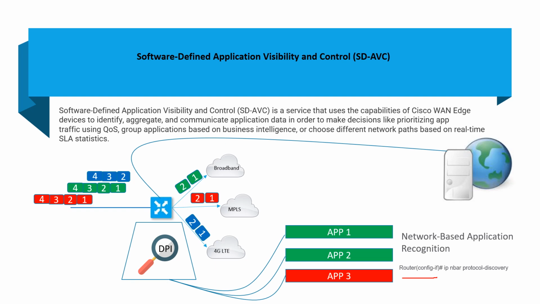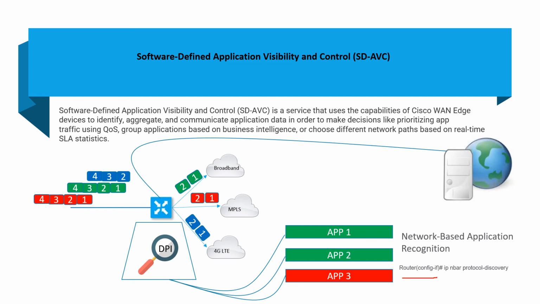So let's assume from the LAN side, there are three flows coming. My first flow in blue, my second flow in green, and the third flow in red. Based on the DPI, you can route your traffic based on application detection. So when we talk about the old infrastructure, which is based on Cisco routers and switches, we call it IP routing. And here we are talking about application routing.